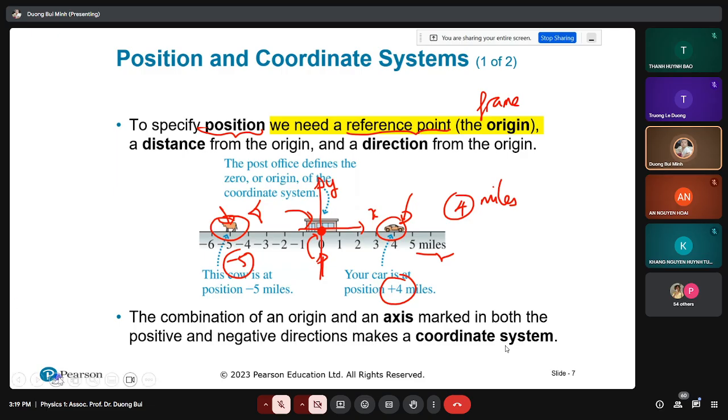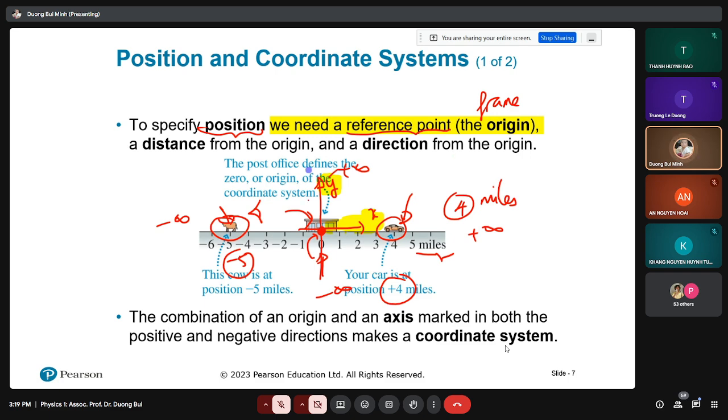Because we follow the direction of the arrow, so here is minus infinity and here is positive infinity.